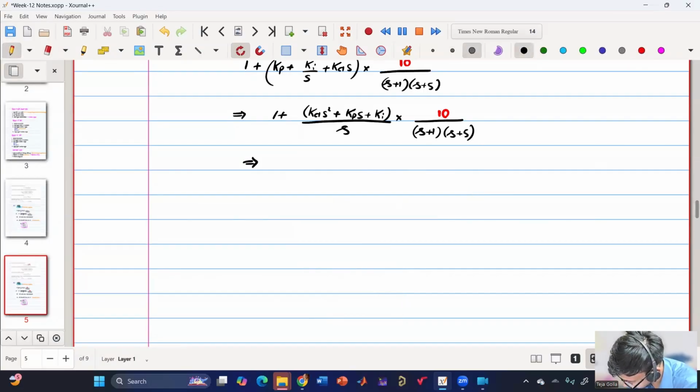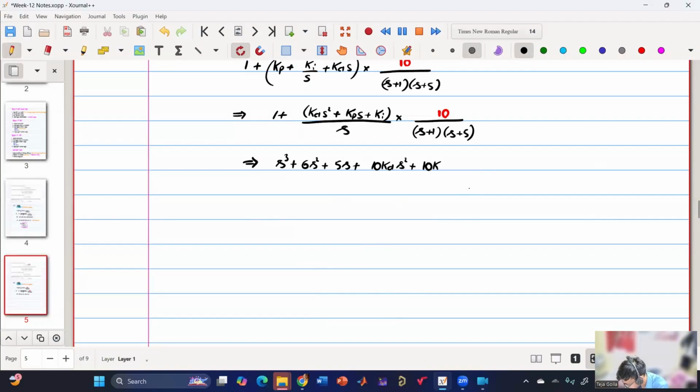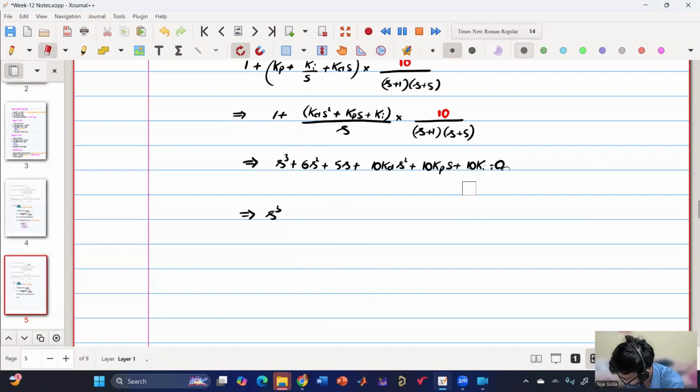Okay, so we have s cube plus 6s square plus 5s plus 10 kd into s square plus 10 kp into s plus 10 ki equal to 0. We have s not equal to 0. That's the expression.